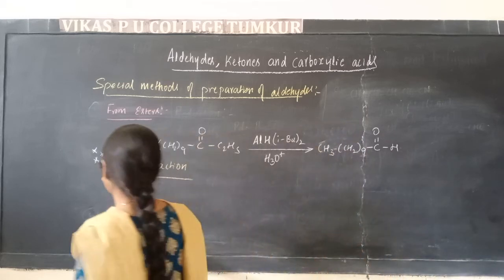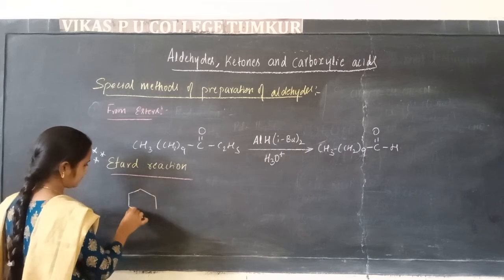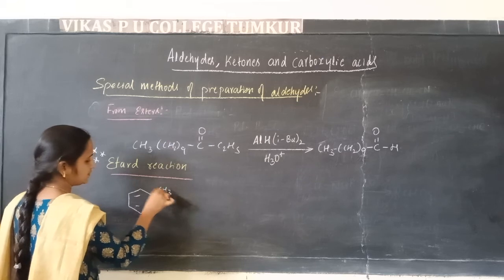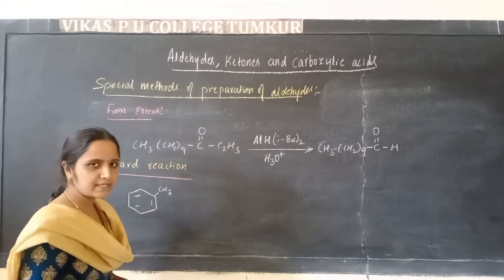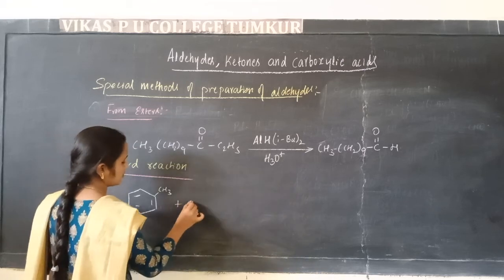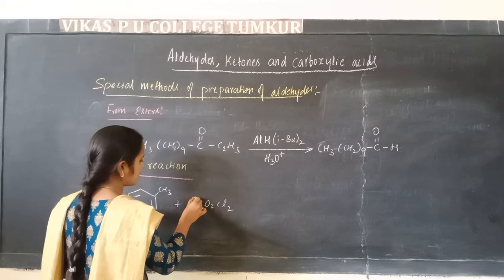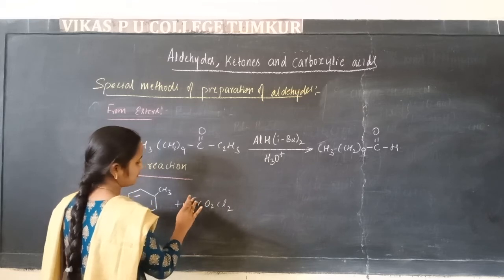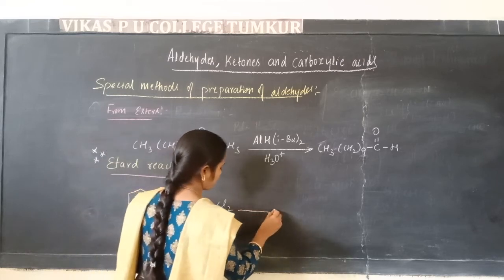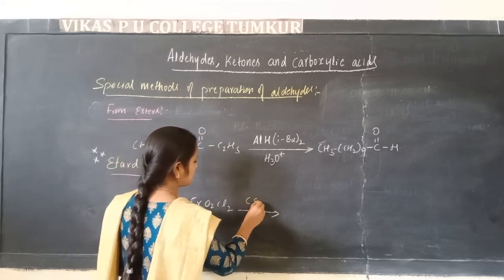We take the toluene. We know the structure of toluene. Toluene reacts with chromyl chloride, that is CrO2Cl2, in the presence of carbon disulfide.